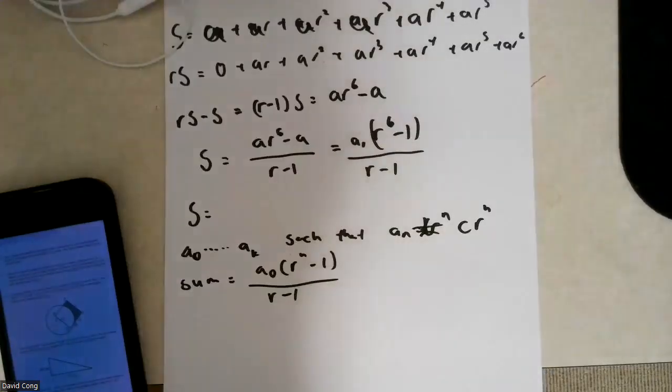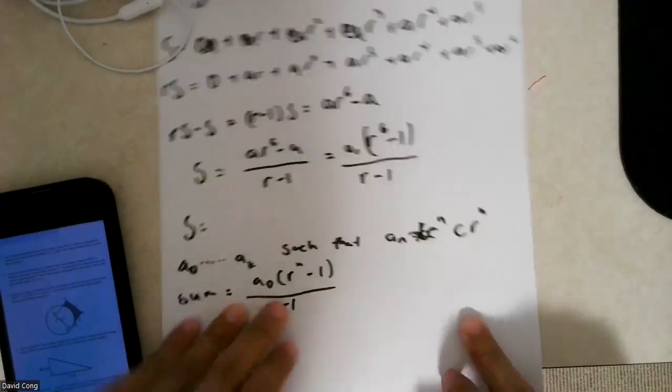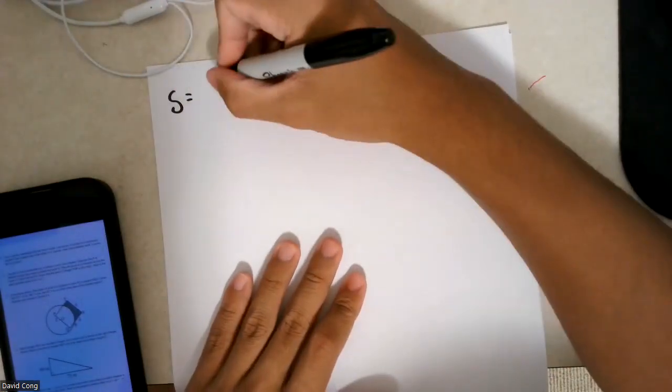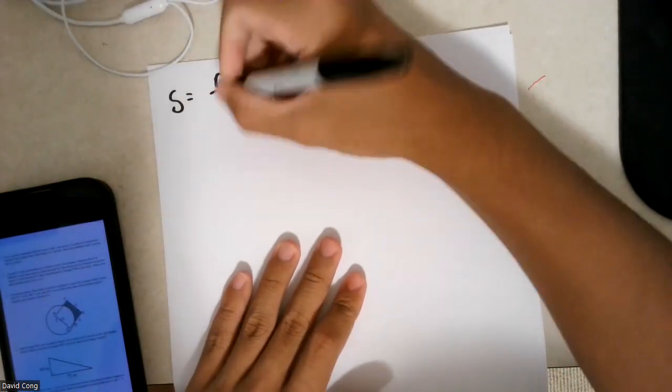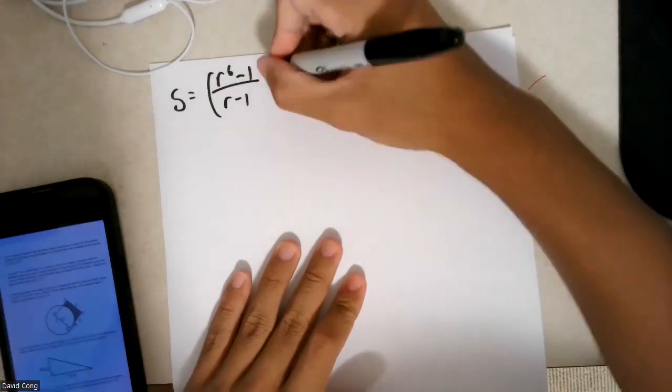So that's the formula for a limited sum. So now we have our formula, so we can throw away this page now and just write our formula here. Okay, this is what we have.